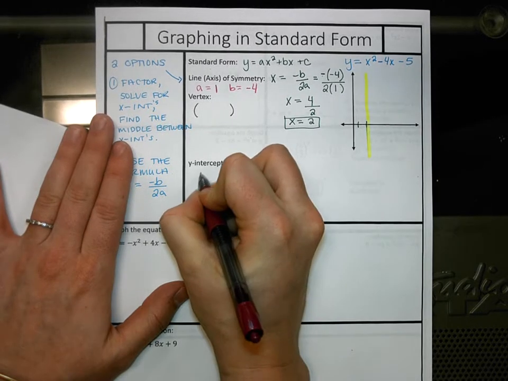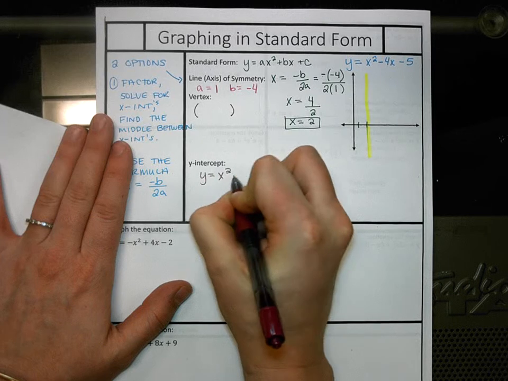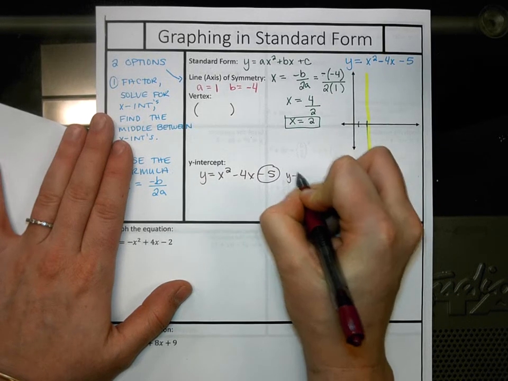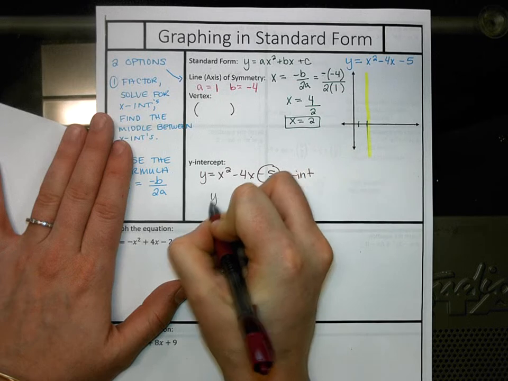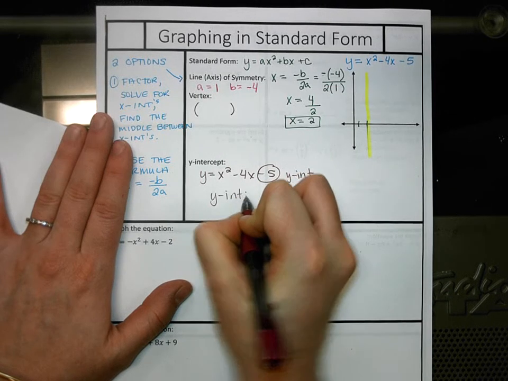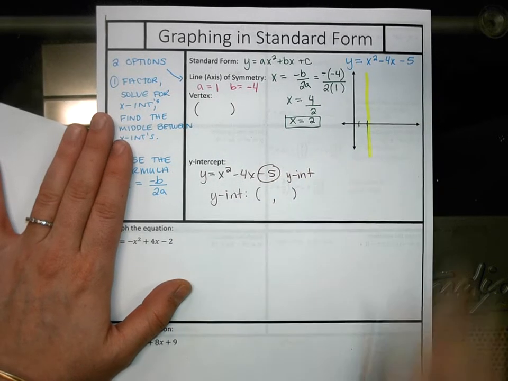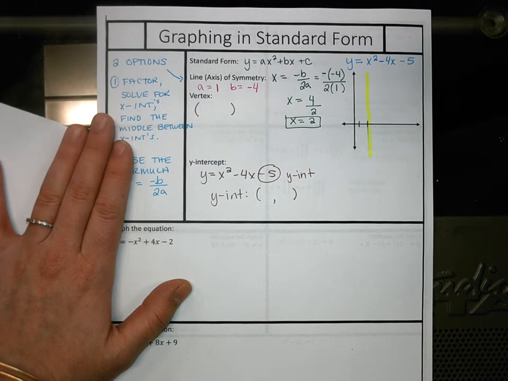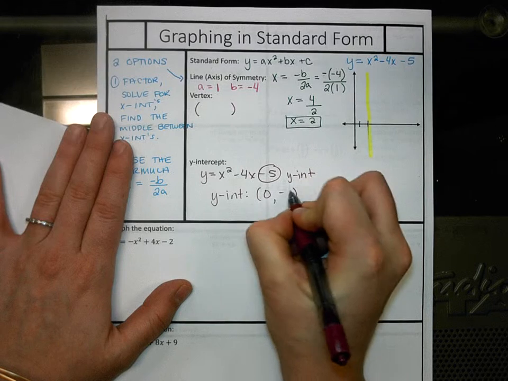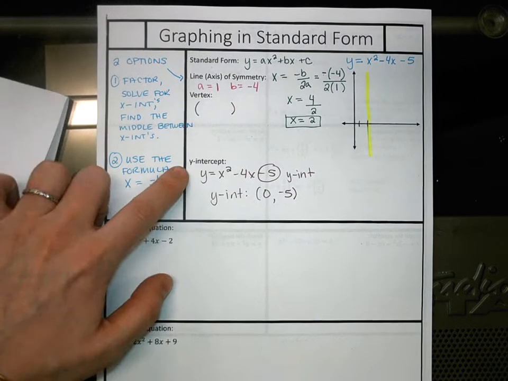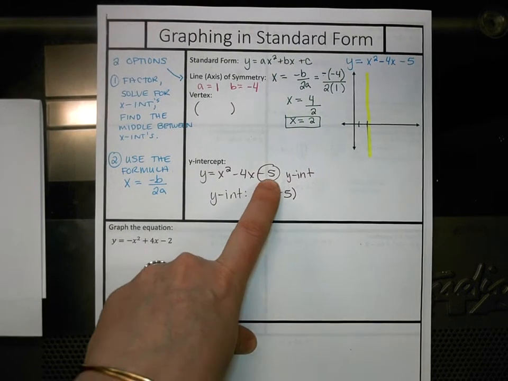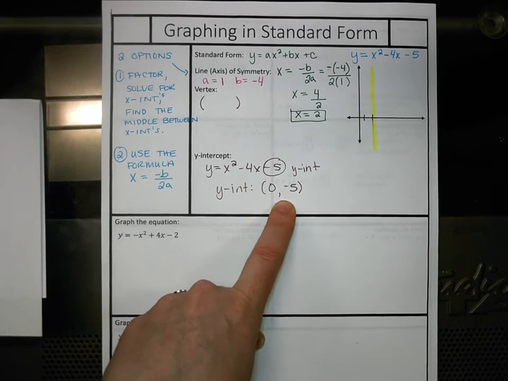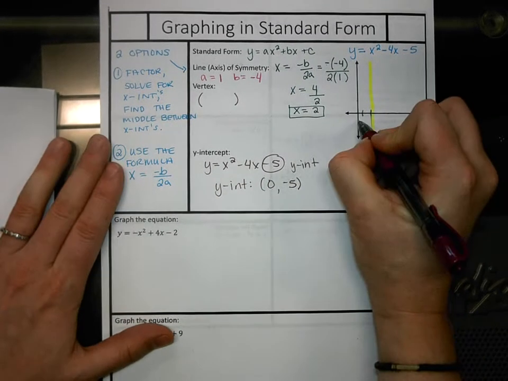So when you have y equals x squared minus 4x minus 5, this value is your y-intercept, which means the answer I write for a y-intercept is what point? 0, negative 5. So for a y-intercept, you plug in 0 for x, and then you would get that last number, which will give you negative 5. And that's where that point comes from. We're going to end up plotting that as well.